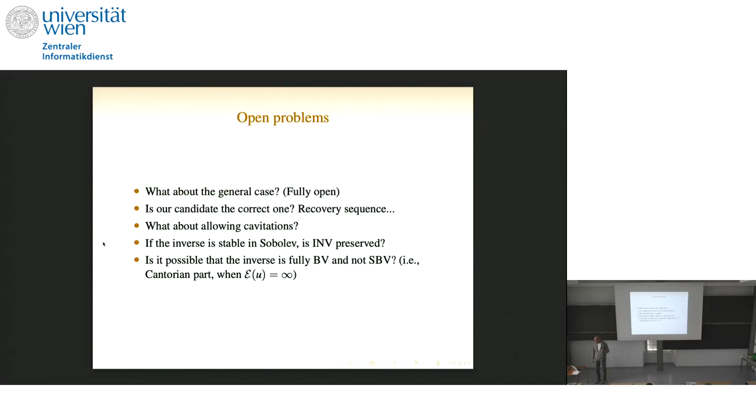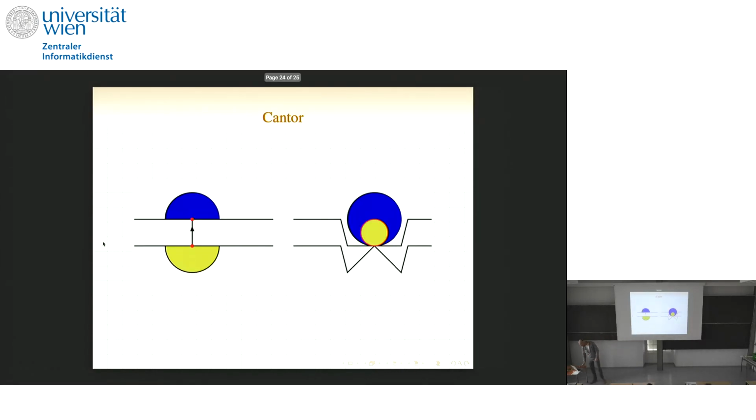And this is maybe if you work in BV, you should know that when you touch SBV, you can also touch the real BV. So when you have the possibility to do jumps, you also have the possibility to do Cantor parts. And we can use this idea in this way. So this again was the Conti-De Lellis counterexample, okay? You have a dipole, you collapse and use these two dipoles to include one of the two hemispheres in the other.